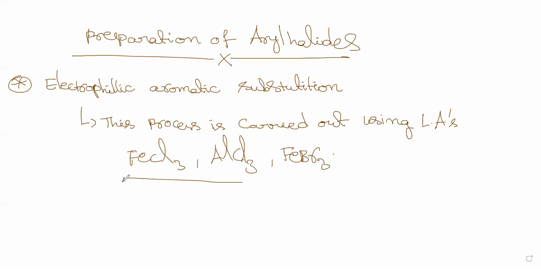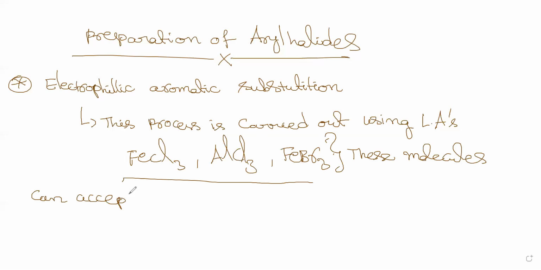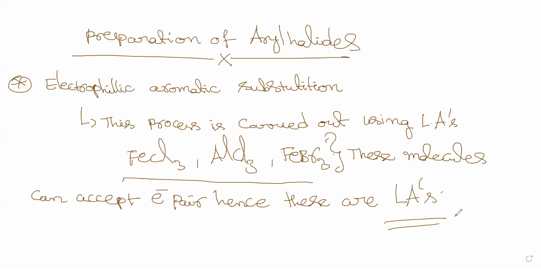They can accept the electron pair. These molecules can accept an electron pair. Hence, these are Lewis acids. Clear? Once clear, please let me know.